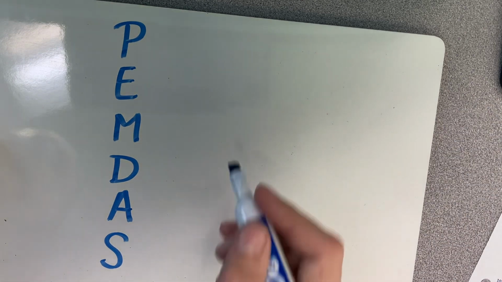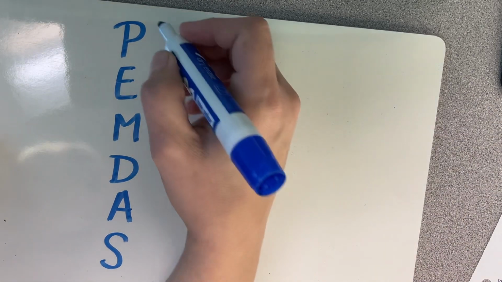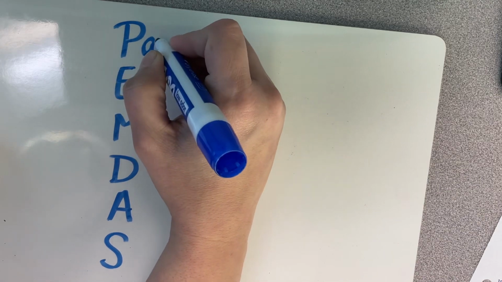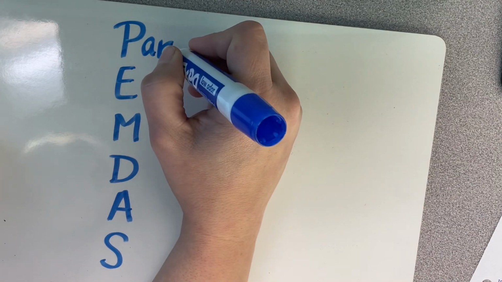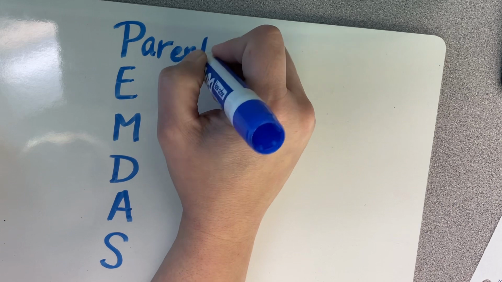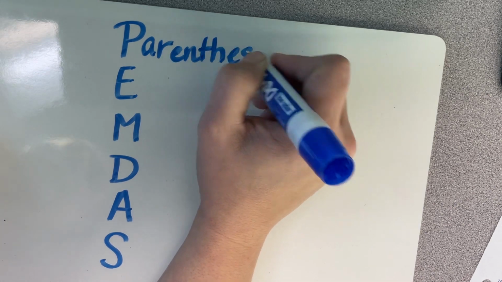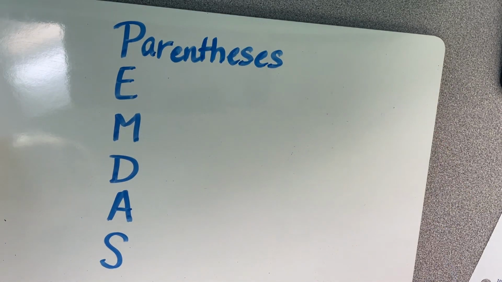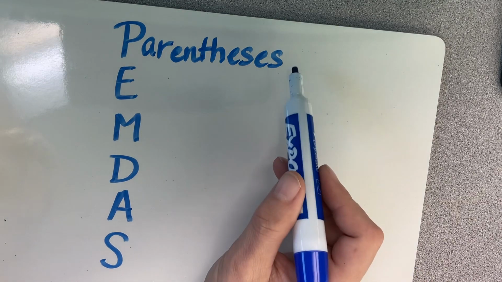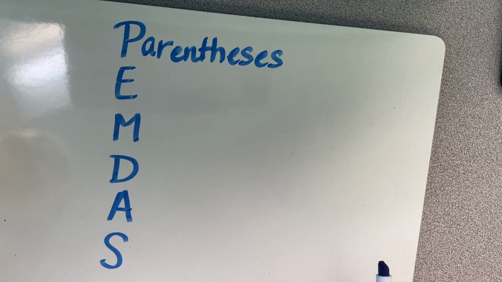The P reminds us that it is parentheses. So any problem we come to, first we do the parentheses, which we have talked about a lot so far this year in math.